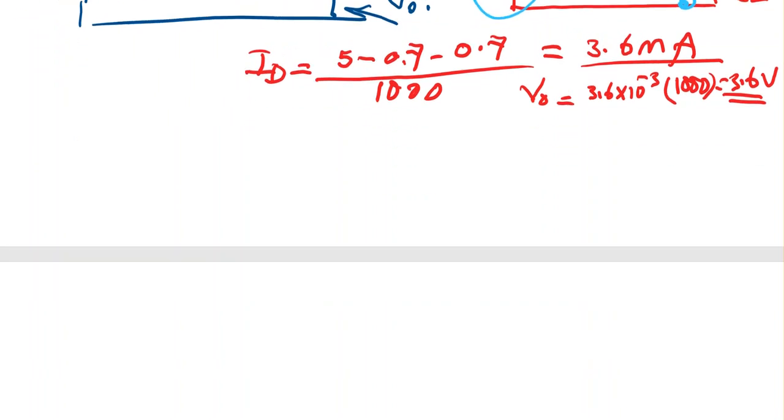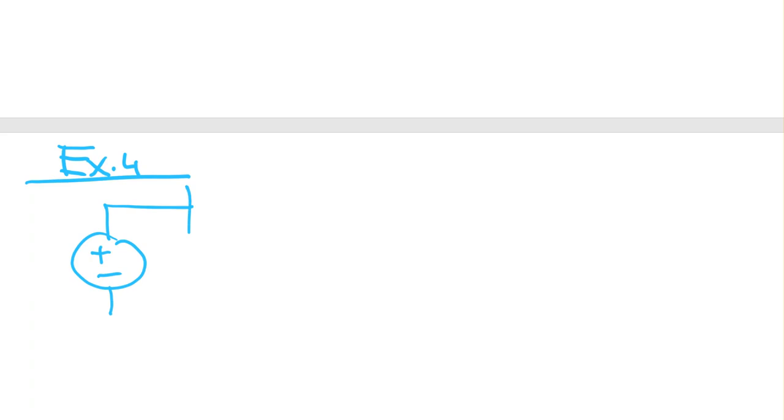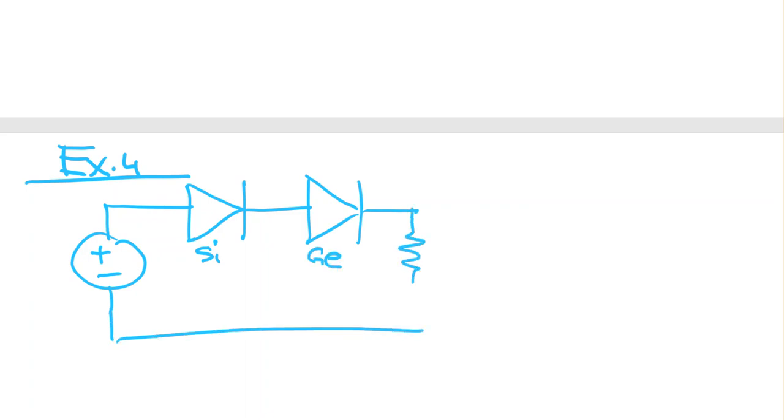Okay, let's have one more example, example 4, where I have two diodes connected in series, but one is silicon and the other one is germanium. So this is germanium, and they are connected in the same way to a 1 kilo ohm resistance.